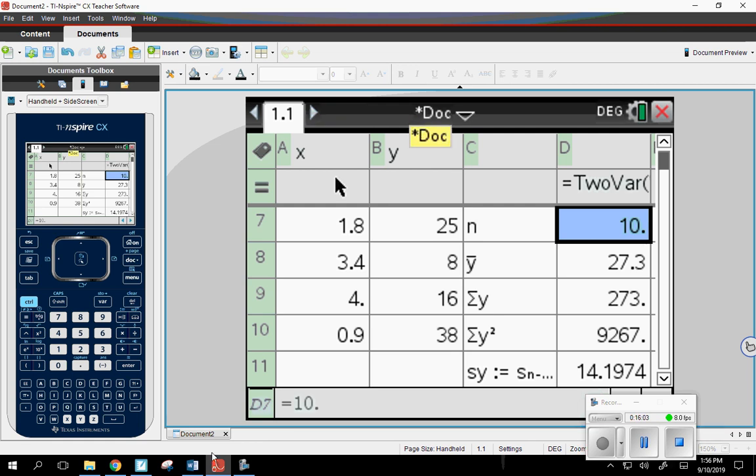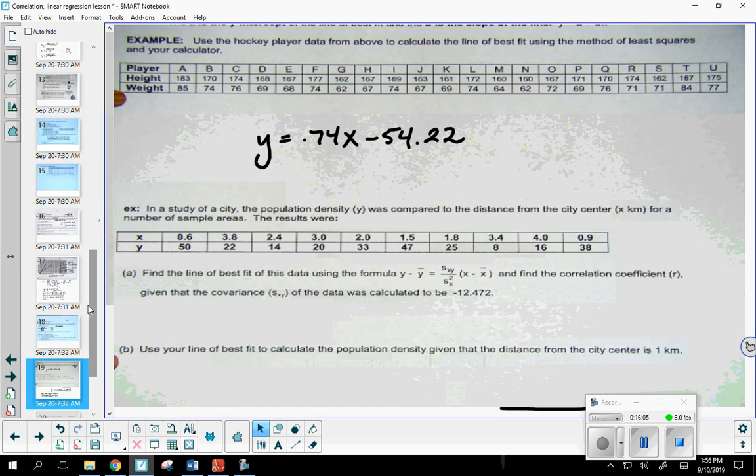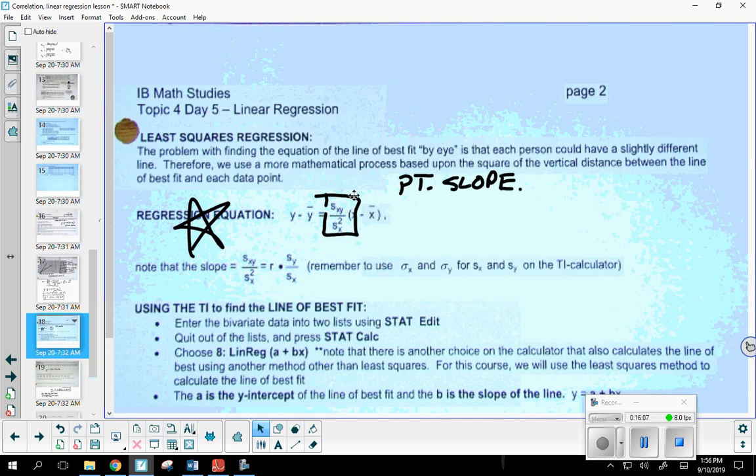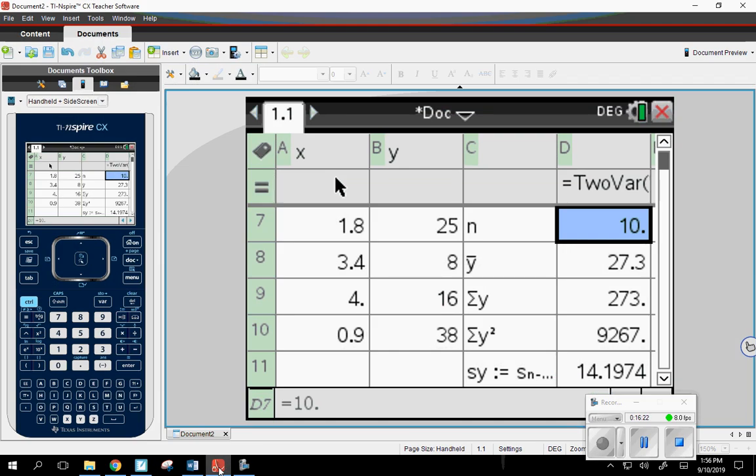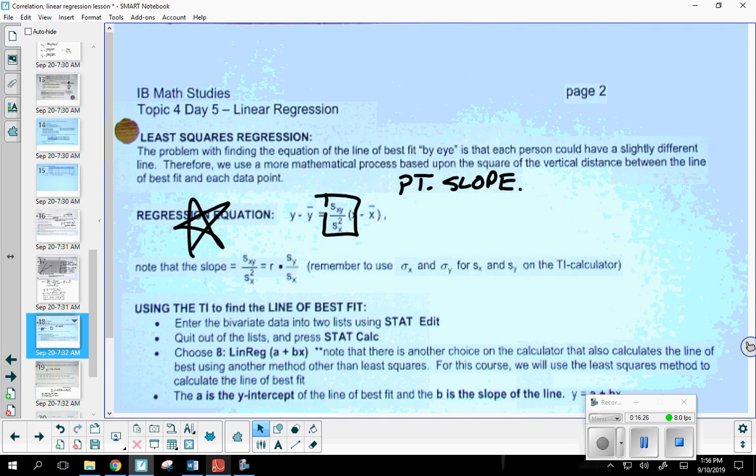Okay, so let's go back over here very quickly. One of the things we saw is that I can find the slope by taking the covariance, which was already provided for me, and dividing it by the squared standard deviation for the x's. What was the covariance that they gave me?